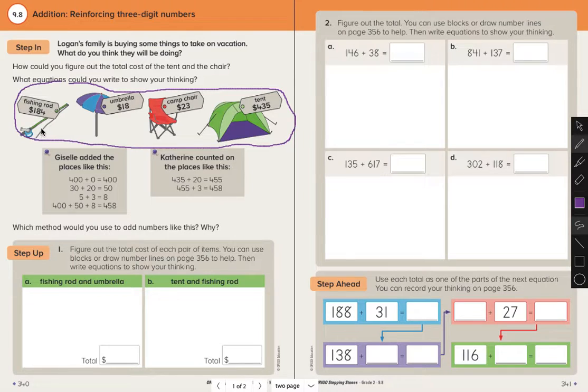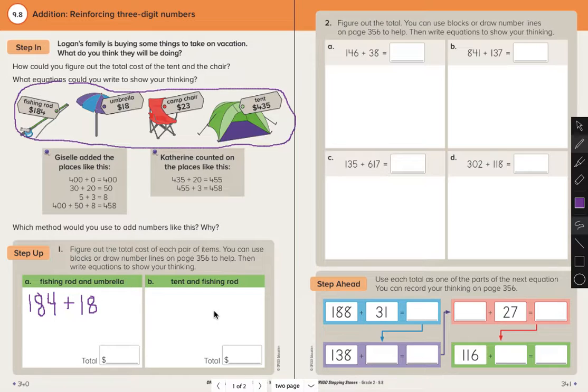So we see the fishing rod is $184. And how much is the umbrella? The umbrella is $18. So our equation becomes 184 plus 18.